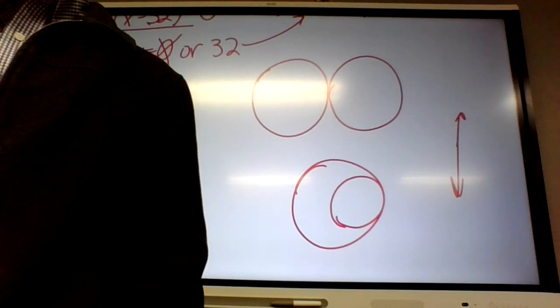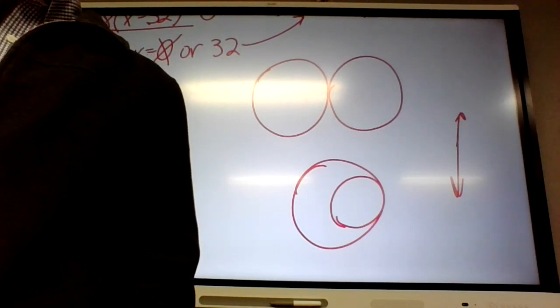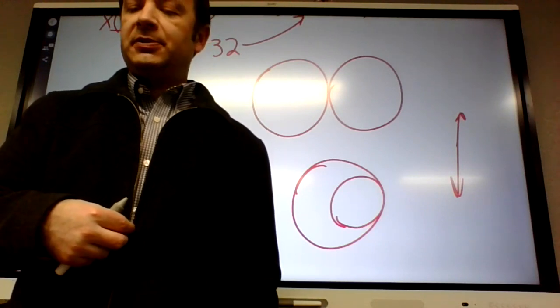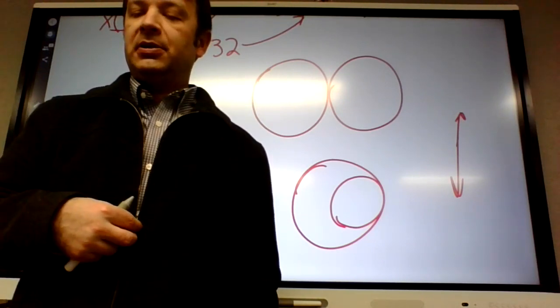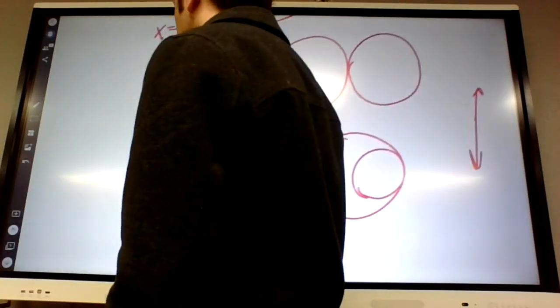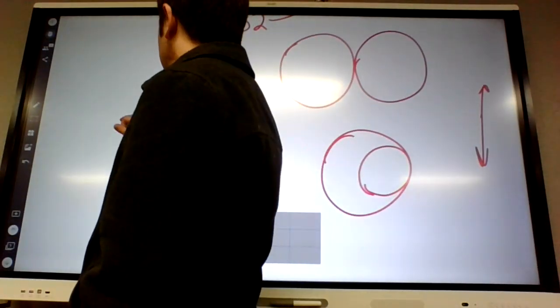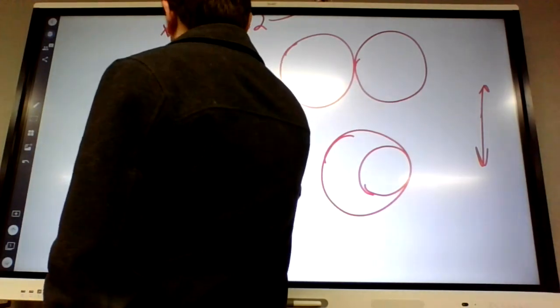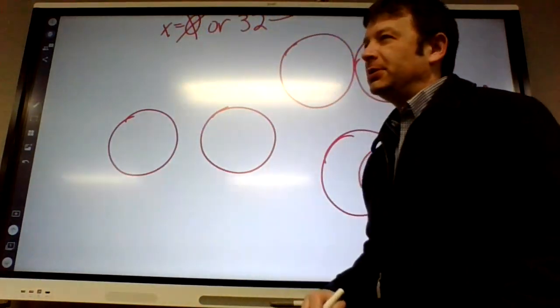So 15 says, make a sketch illustrating each possible case of the total number of common tangent lines for two circles that are not tangent to each other. These two circles are not tangent, they're not touching.